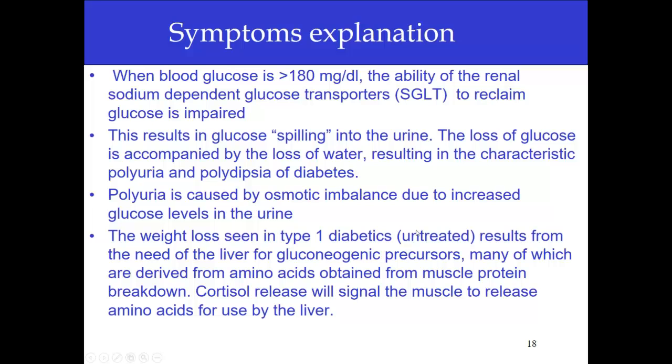Why do we have weight loss in untreated or undiagnosed type 1 diabetes? Usually, these type 1 diabetes patients, when they come to the clinic, are already so thin because of the high rate of gluconeogenesis. They need all the precursors for gluconeogenesis, so they start breaking down fats and then they start breaking down proteins. So there is muscle wasting, and this will lead to the weight loss.